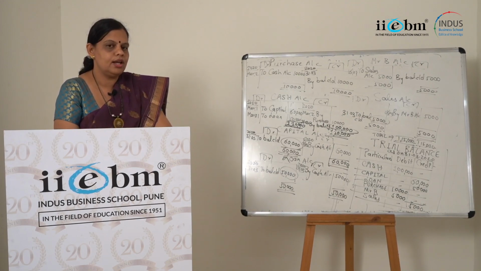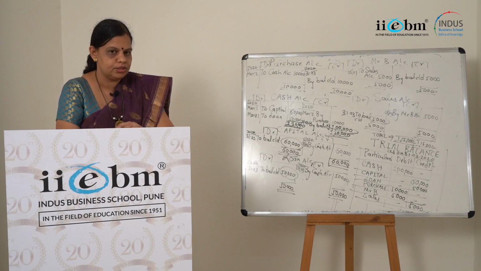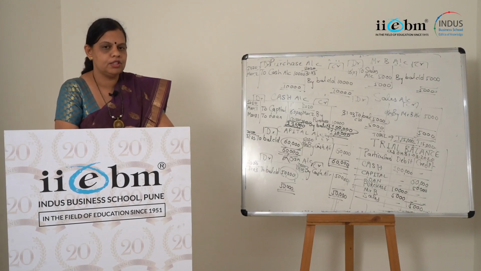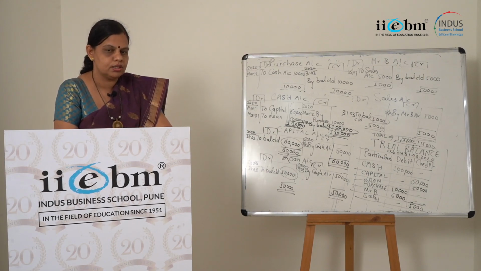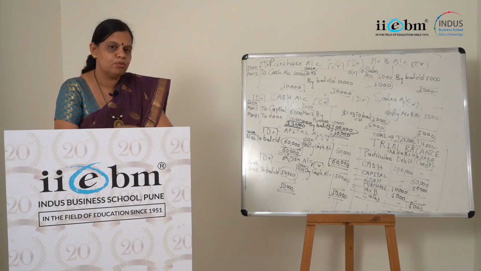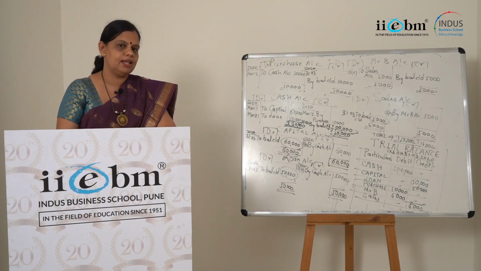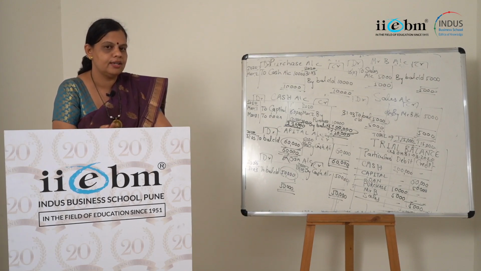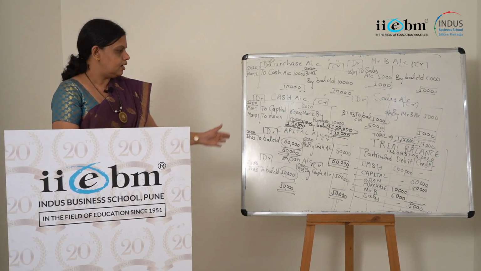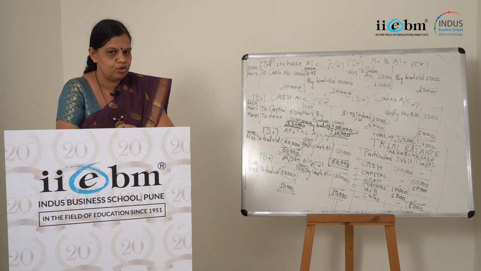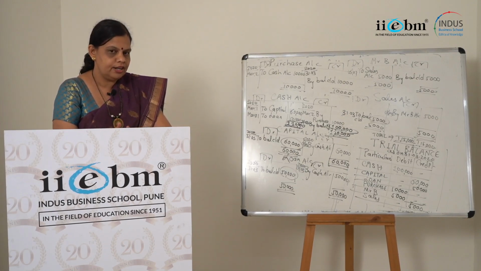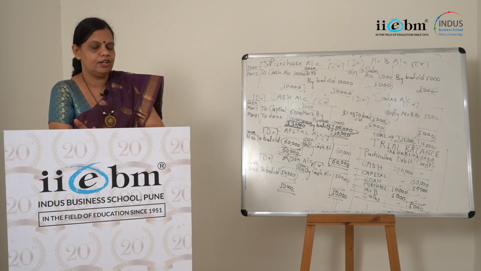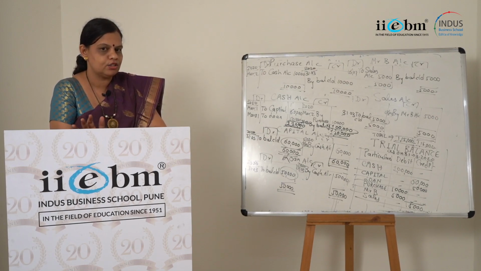So what is your liability, what is your asset, that you must understand. What are your expenses, what are your revenues, that also you must understand. And the most important point is, as far as this mechanical part is concerned, you should be able to understand debit and credit properly. Then the rest of the part will be easy for you. If you identify the debit part correctly, and the credit part correctly, then the rest is easy.